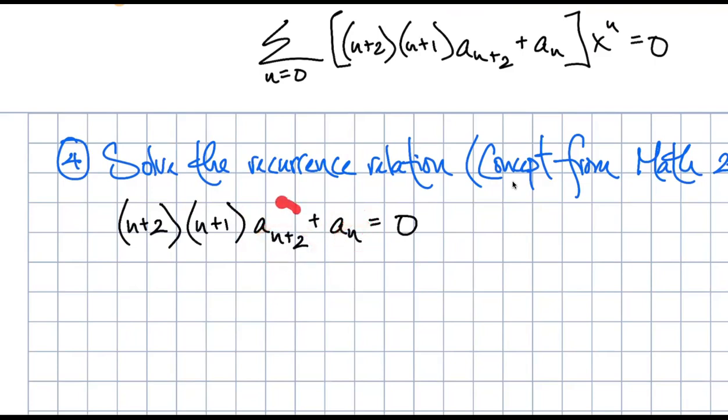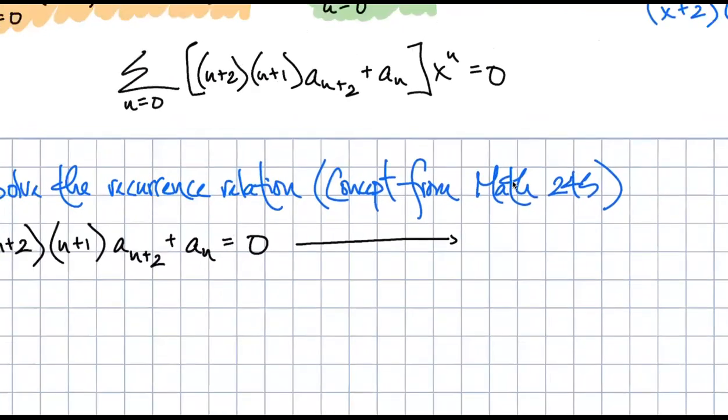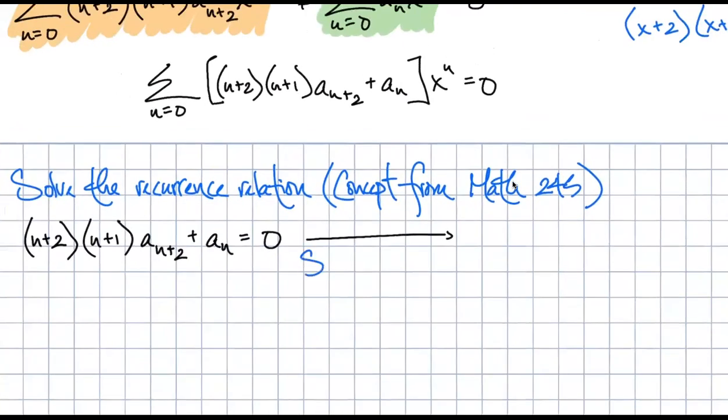I want to get a sub n plus 2 by itself. Okay. So we might say solve, isolate a to the bigger value.